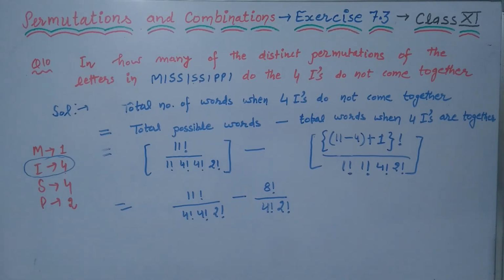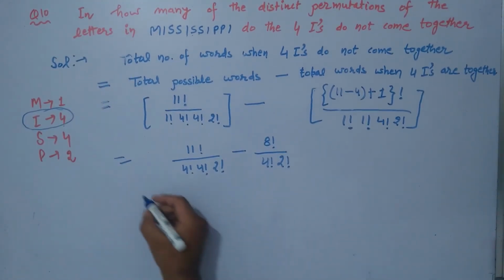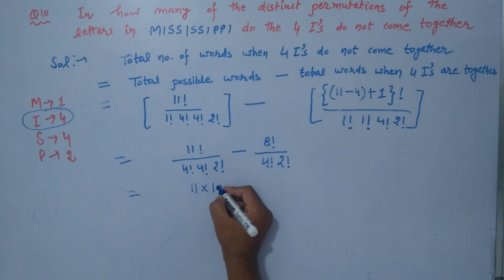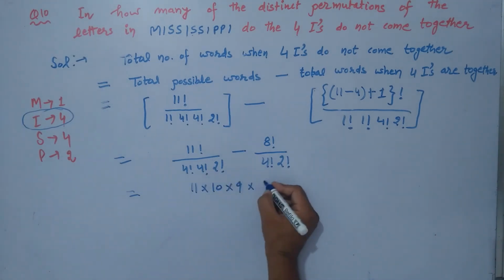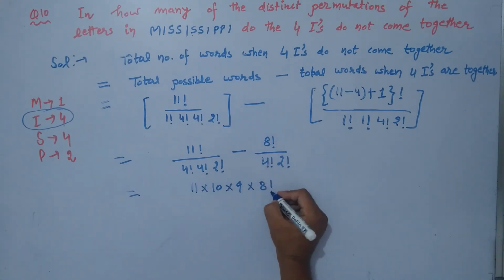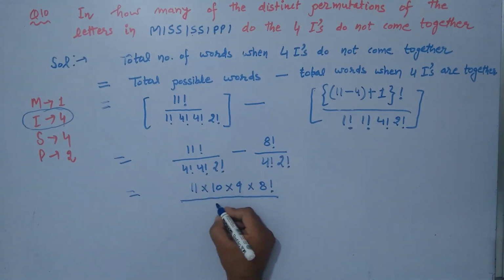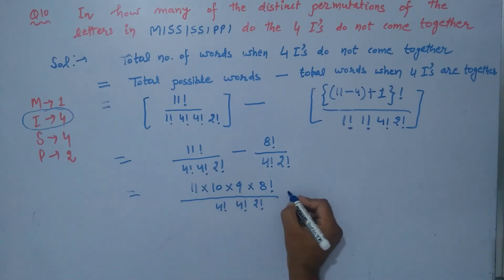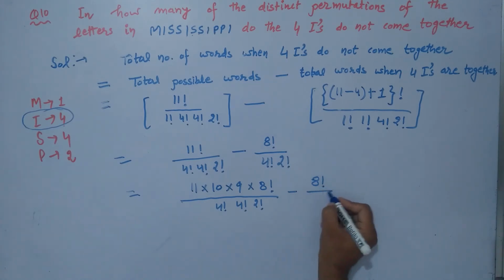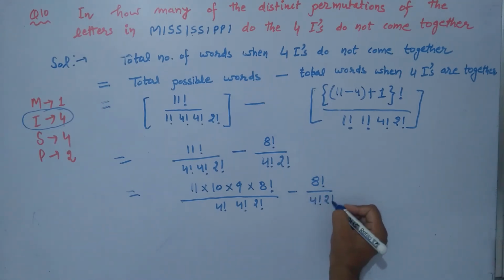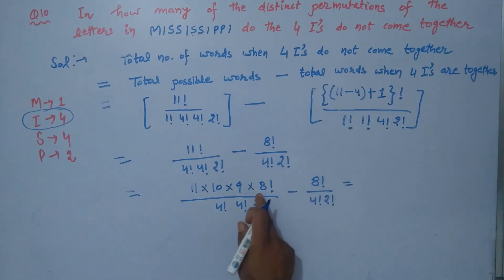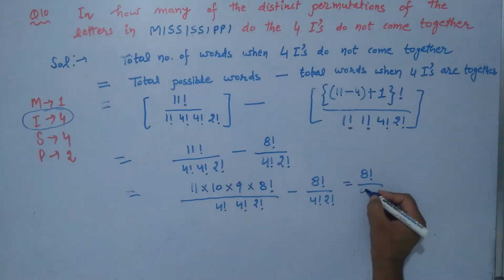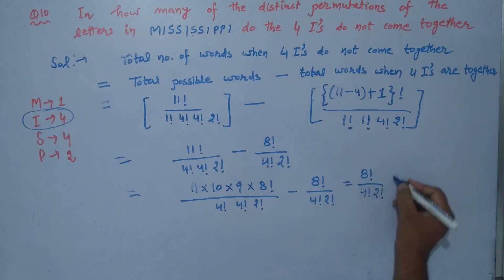This way we can write this further: that is equal to 11 into 10 into 9 into 8 factorial, divided by 4 factorial into 4 factorial into 2 factorial, minus 8 factorial upon 4 factorial into 2 factorial. So what we see, 8 factorial divided by 4 factorial into 2 factorial is common.